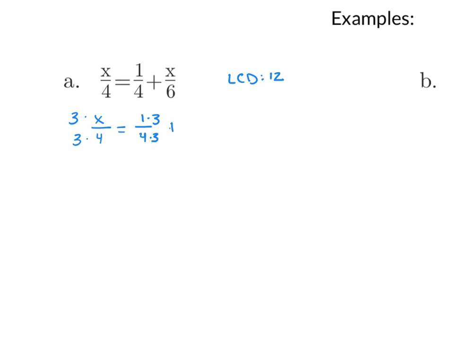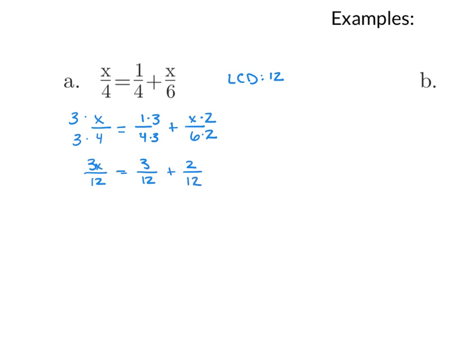And for our last term, in order to get from 6 to 12, we want to multiply by 2, similarly to the top. So this becomes 3x over 12 equals 3 over 12 plus 2 over 12.